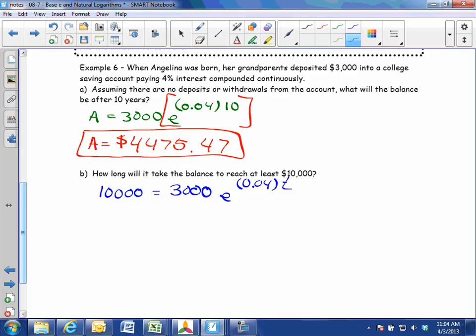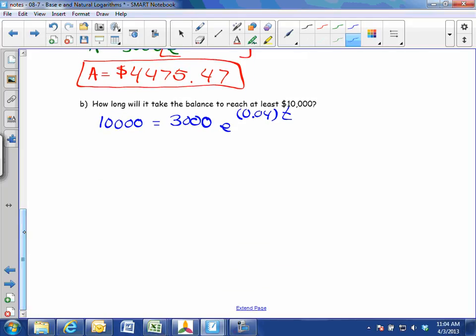In this case, we're looking for time. It's not something you can just plug in your calculator right away. What should we do? Divide by 3,000. Good. Get the e by itself. Okay, so cancel, so 10 thirds.